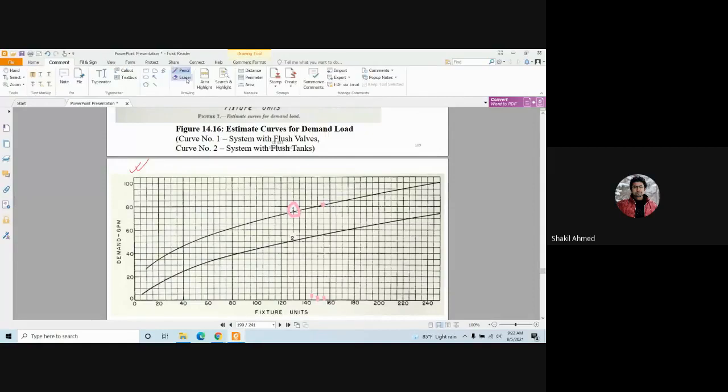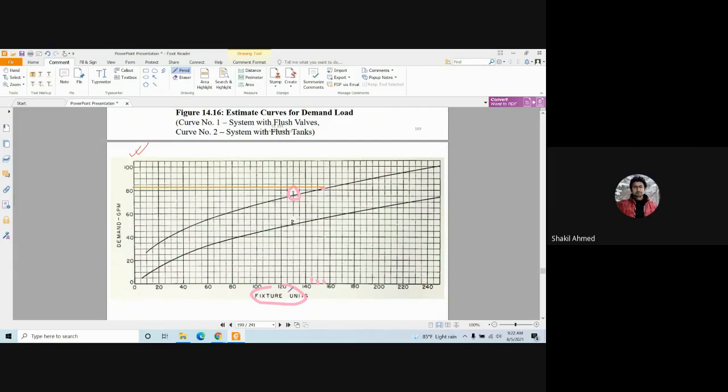So what's the demand, guys? Around 82 or something. Am I right? For 170 fixture units, what is your demand? 82 or something.